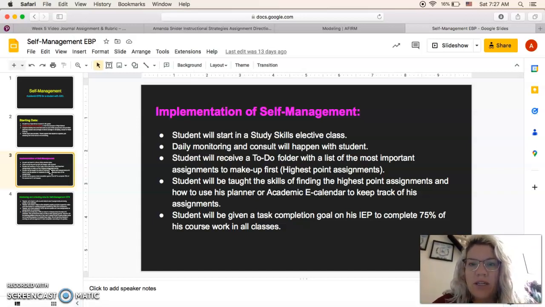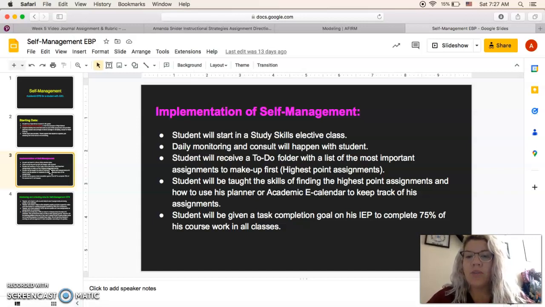Student will be taught the skills of finding the highest point assignments and how to use his planner or electronic e-calendar to track his assignments. So once again, I sat down with him, made sure he knew how to find his assignments on Infinite Campus, and now we go through daily and track his progress on assignments.